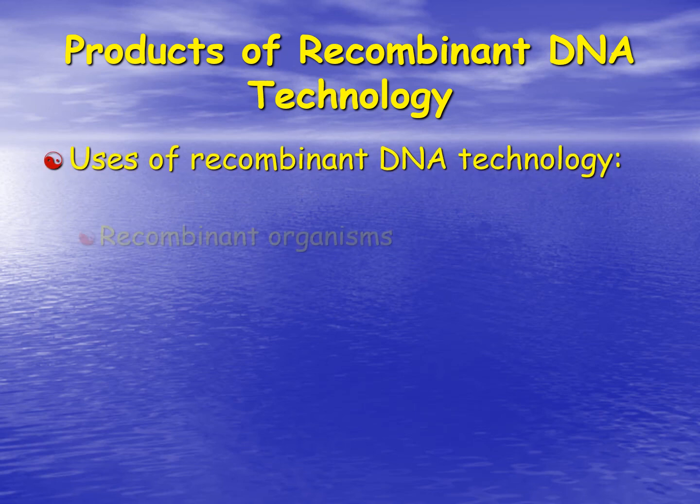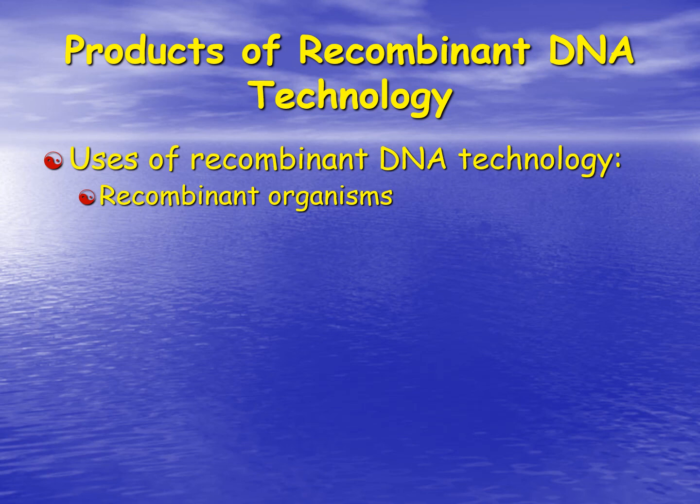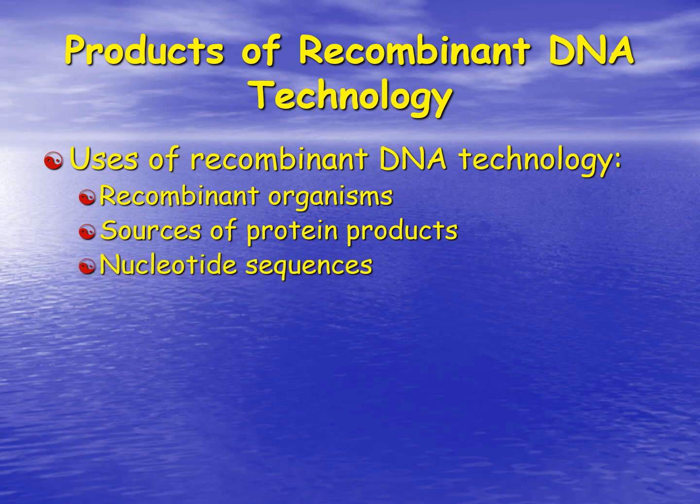We can use recombinant DNA technology to then make these recombinant organisms. For example, most human insulin is now actually produced by recombined E. coli bacteria. They can be then the source of these protein products so that we do not have to rely upon eukaryotic cells to make human insulin, but we can actually use E. coli to make lots and lots of the human insulin for us.